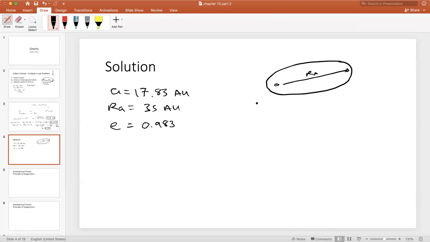And the last thing that we want to know is when it gets way out here, what is its velocity? So we know that RP VP is equal to RA VA. That was Kepler's second law, or conservation of angular momentum. So VA is going to be RP over RA times VP. RP was 0.586, the perihelion distance.